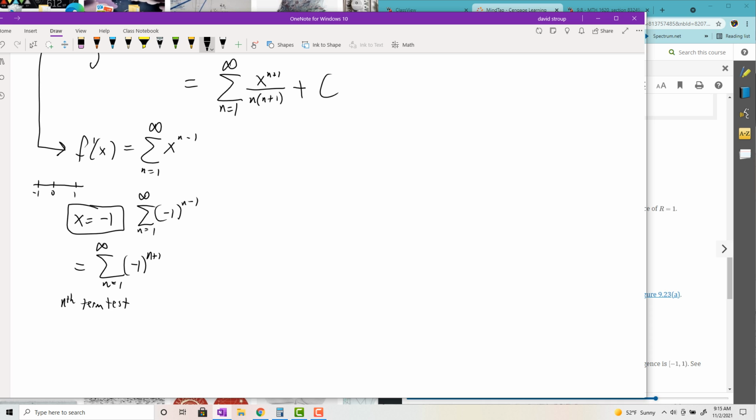I mean, you could do it with the other one as well, but nth term test for divergence. You'd have the limit of -1 to the n plus 1, and that does not exist because the even terms will be -1, the odd terms will be +1. That, of course, does not equal 0, hence it's divergent.